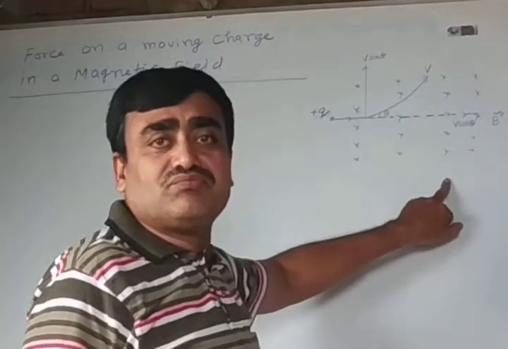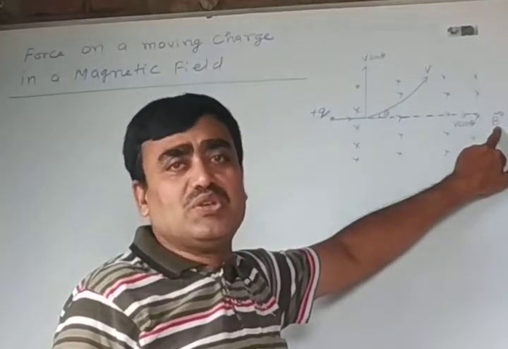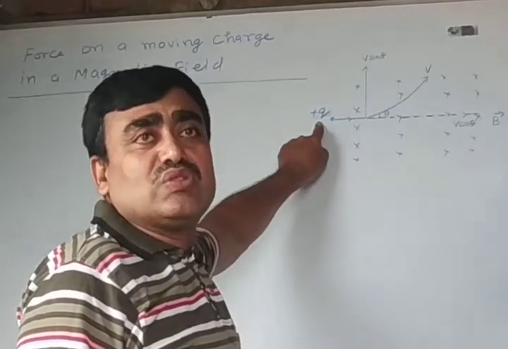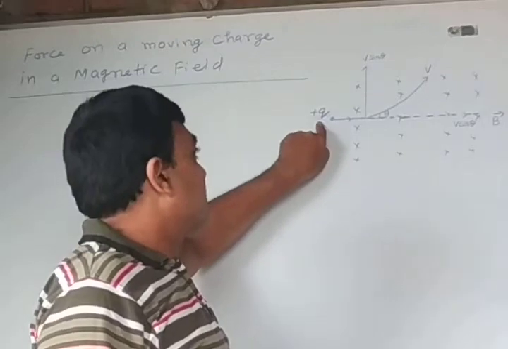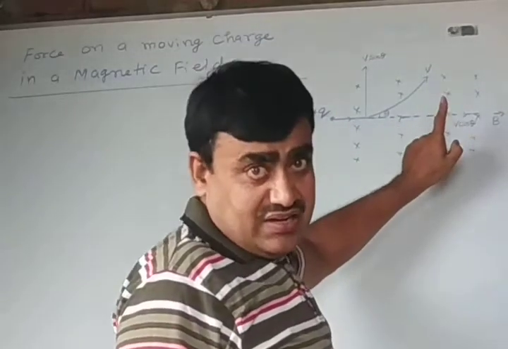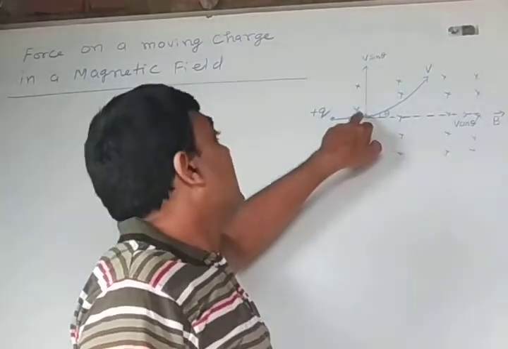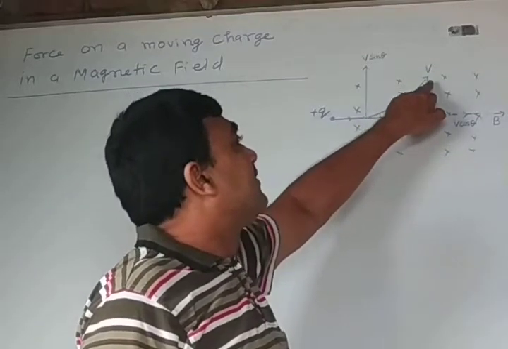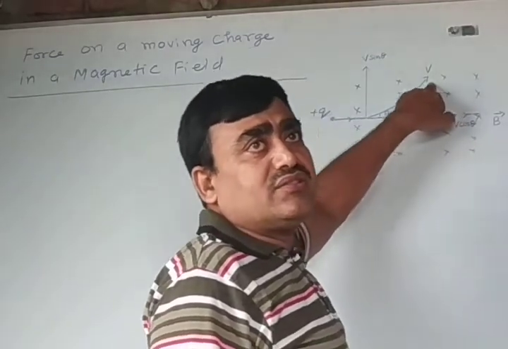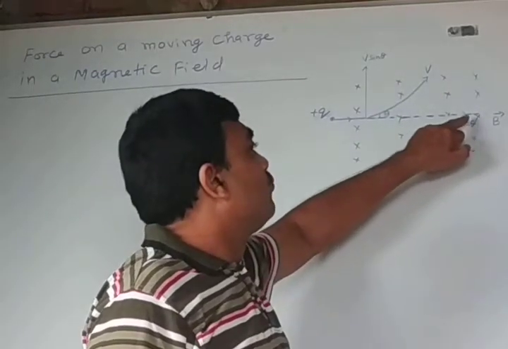Here, the cross sign indicates a uniform magnetic field. Vector B, magnetic field, is a vector quantity. A charged particle of plus Q charge is moving inside the magnetic field, and due to the effect of the magnetic field, its direction of velocity changes and it goes upward, making an angle theta with respect to the horizontal.